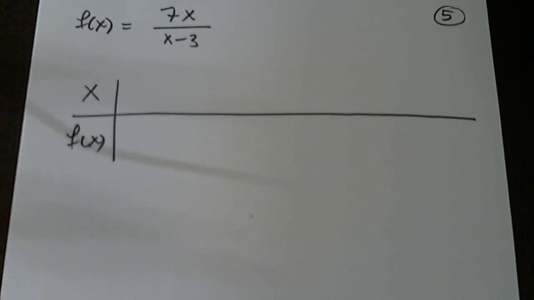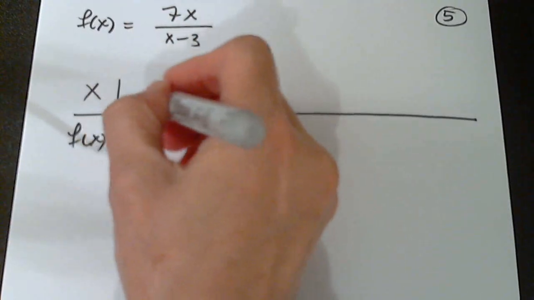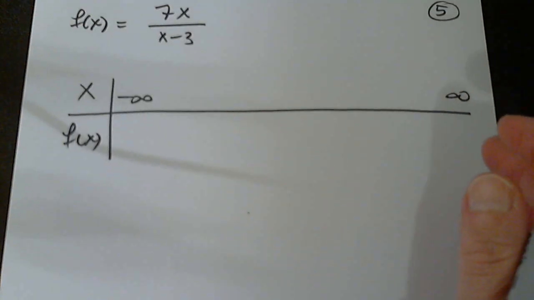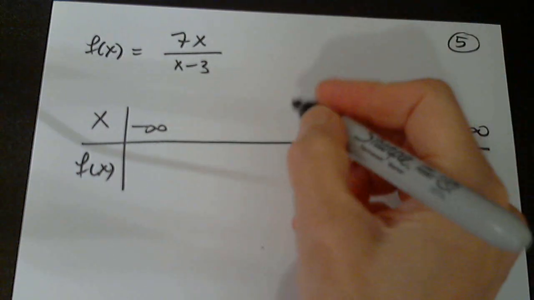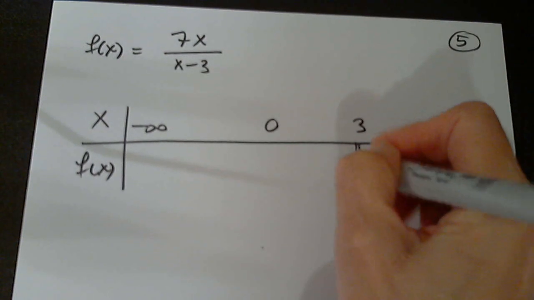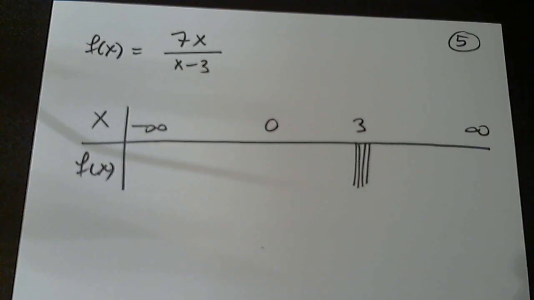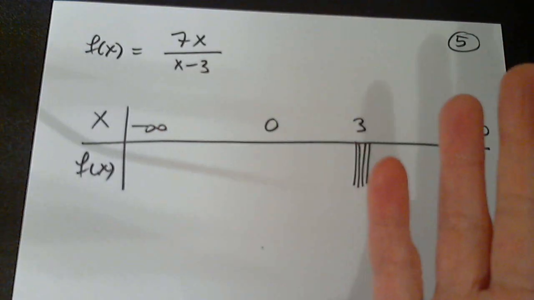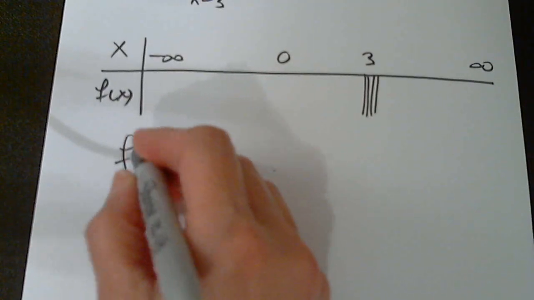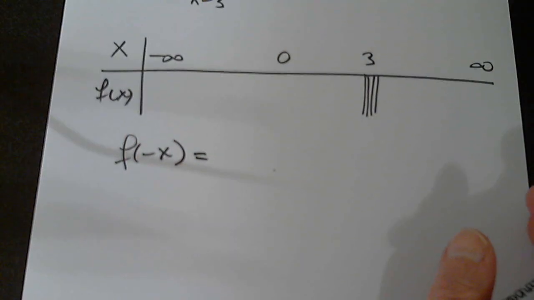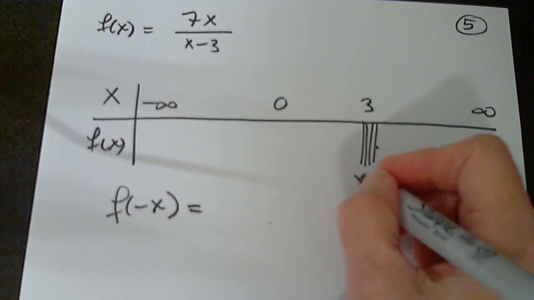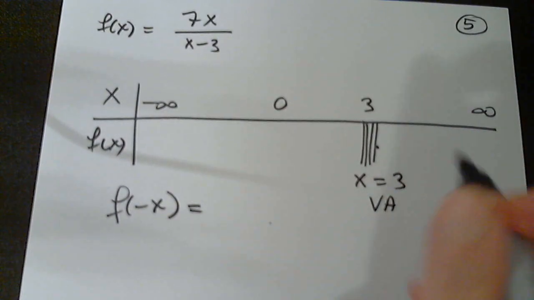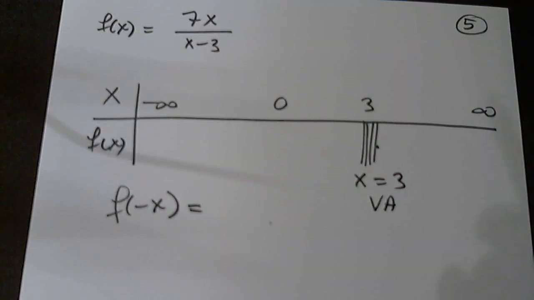Okay, back to our problem. You can tell us step by step what they are asking, so we can fill in as they want. But I know that this function is undefined at 3. They're asking about symmetry. Perfect. If you remember, for the symmetry I have to determine this. If a function has a vertical asymptote at 3, which it has, it cannot be symmetric with respect to anything.